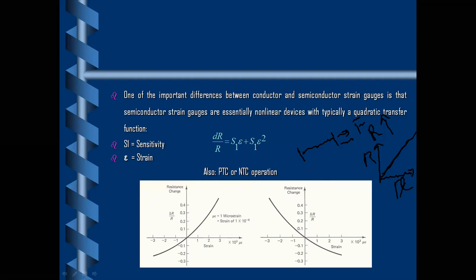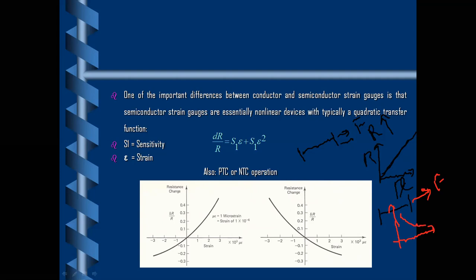Now I have considered another material, and in this one, if I apply a force and try to plot the graph, it is not going to change linearly; I am getting a non-linear output.